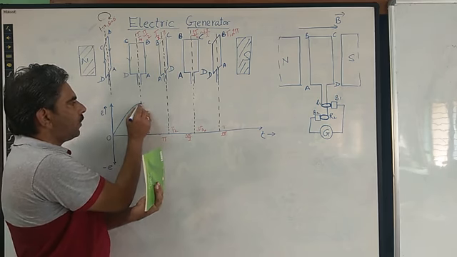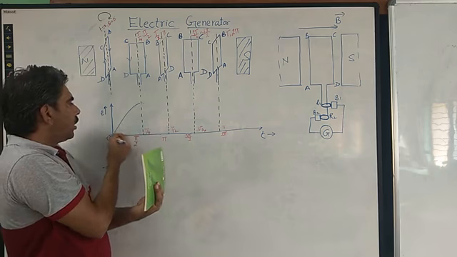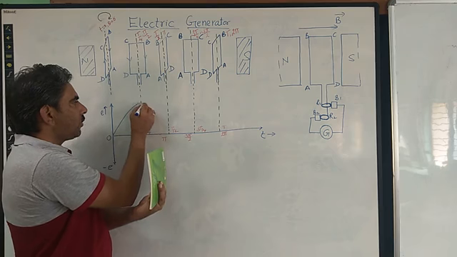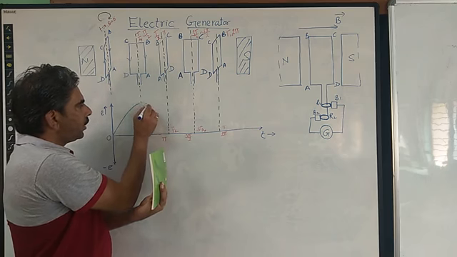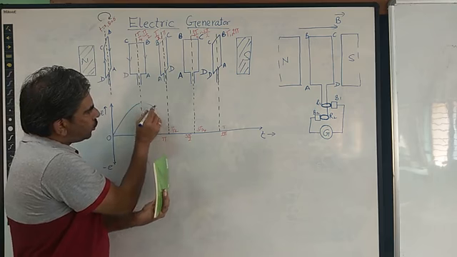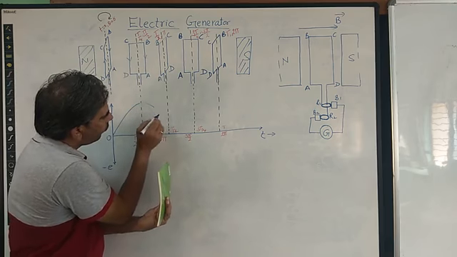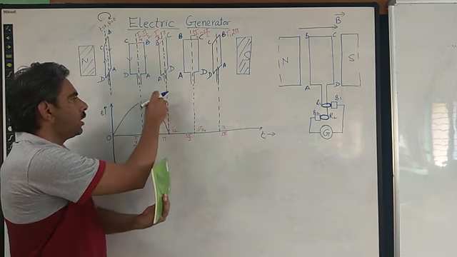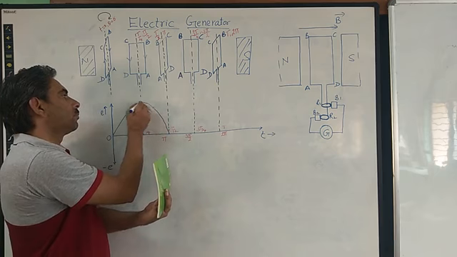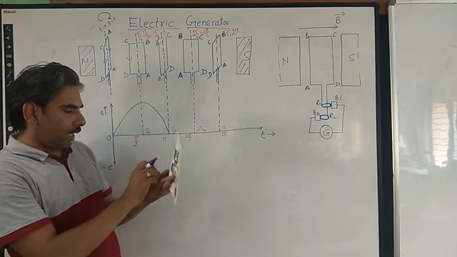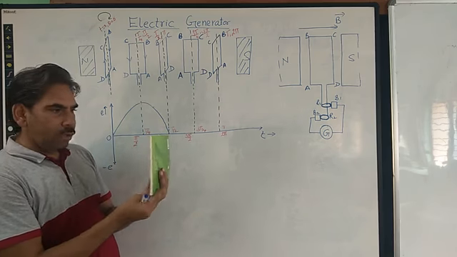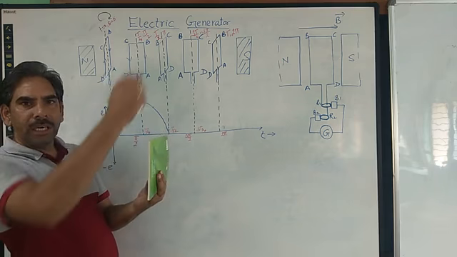Initially the rate of change of flux was maximum, so therefore the EMF induced is maximum, and as we move further from 90 to 180 degrees, the rate of change of flux goes on decreasing, and therefore the induced EMF also goes on decreasing, right? So now the AB arm is downward and the CD arm is in the upward direction.